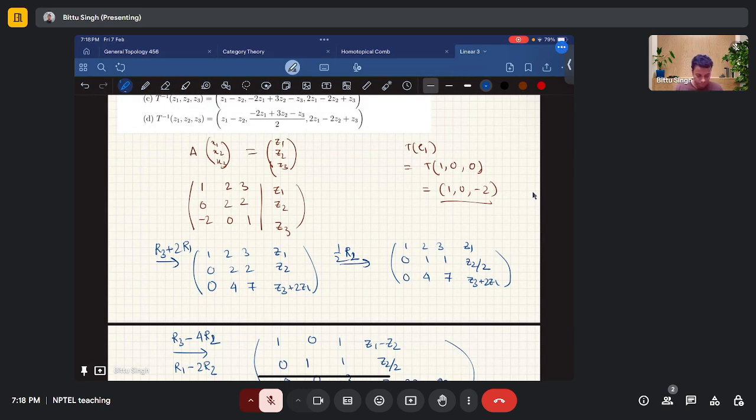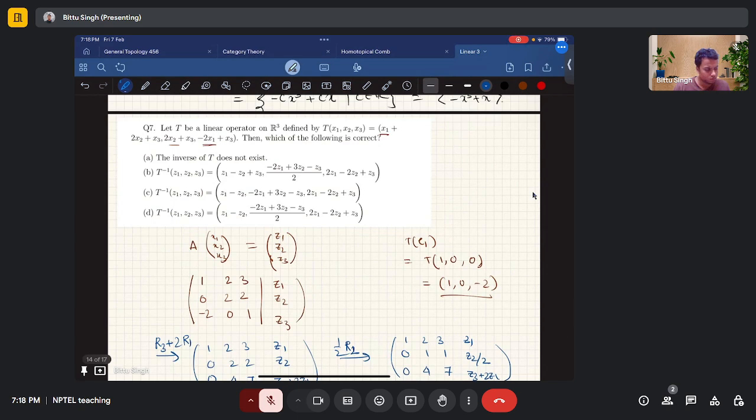Question number 7. Oh, there is no 3. Initially, I made a mistake. It should be 1 times x3. So there is a slight mistake; it should be 1.